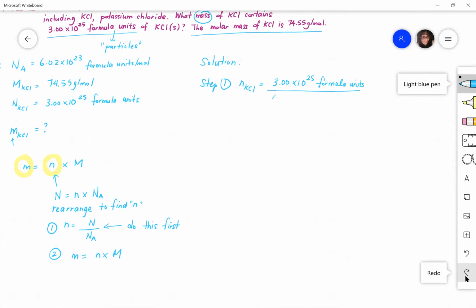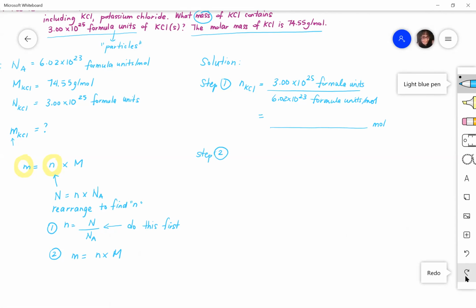And we're going to divide by the Avogadro's constant, which are formula units per mole, and you will get a value. That will be only in moles. Then you will proceed to step 2.